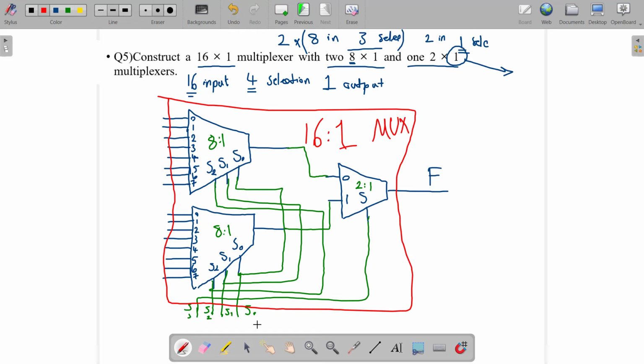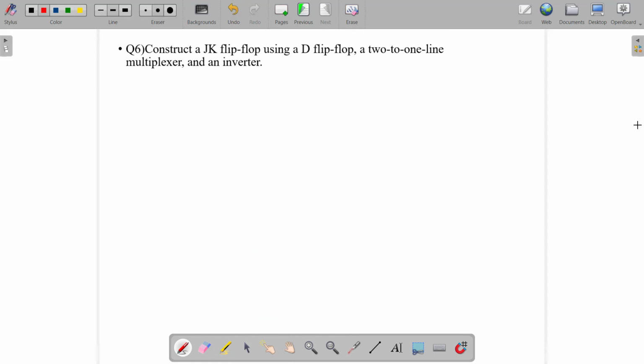Why? Because we have 4 selection lines, 16 inputs and 1 output, like the 16x1 multiplexer. So we could design the 16x1 multiplexer using 3 different multiplexers.